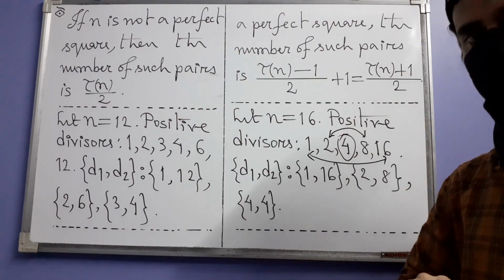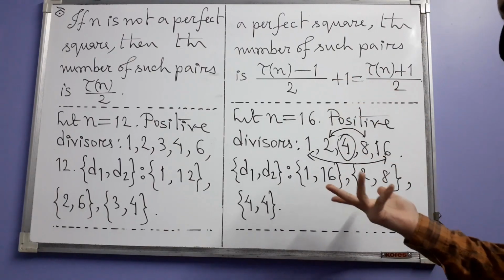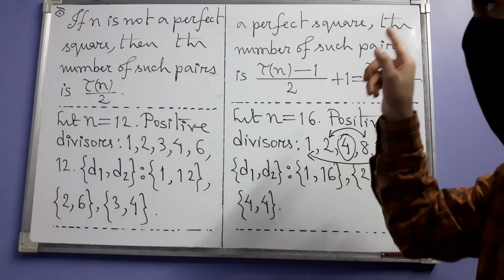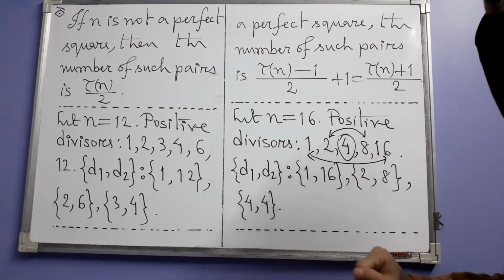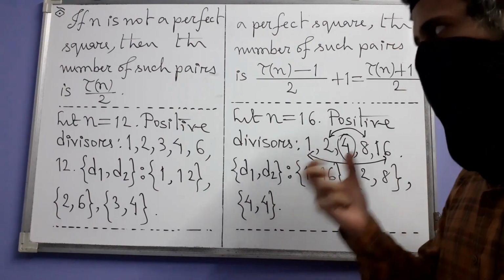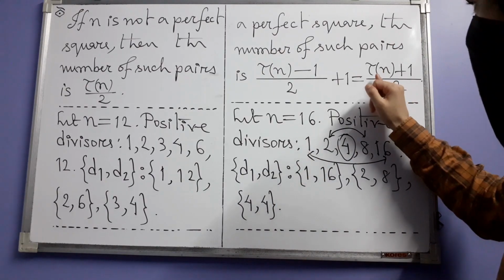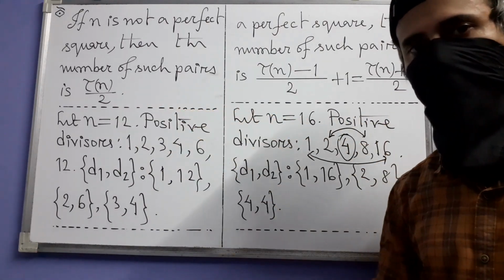One of them will be d comma d. So that can be handled a little separately like this, and in these two cases we have got these two numbers. So in general, the number of such pairs is either tau of n plus 1 divided by 2 or tau of n divided by 2.